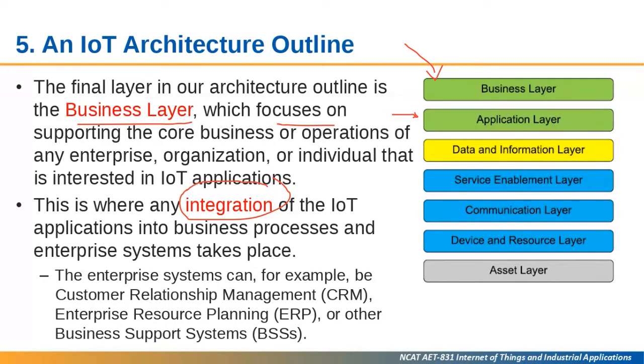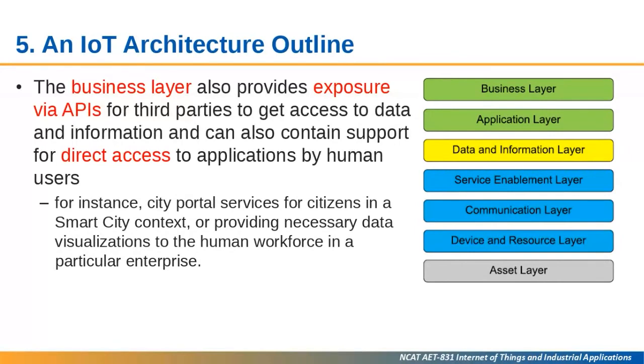But if the company is at a higher level, then a business layer is often needed. The business layer provides exposure of APIs for third parties to get access to data and information, and can contain support for direct access to applications by humans. So basically, we need open APIs so that different apps, companies, and entities can share the information realized in the business layer.